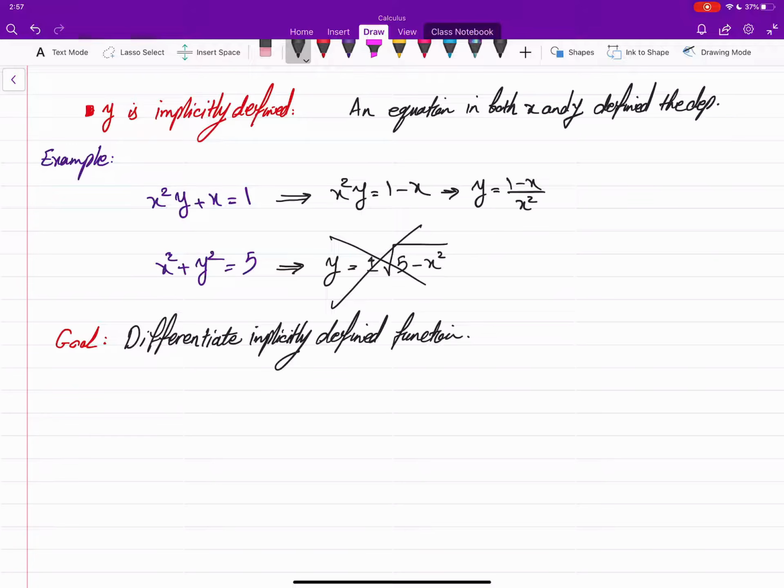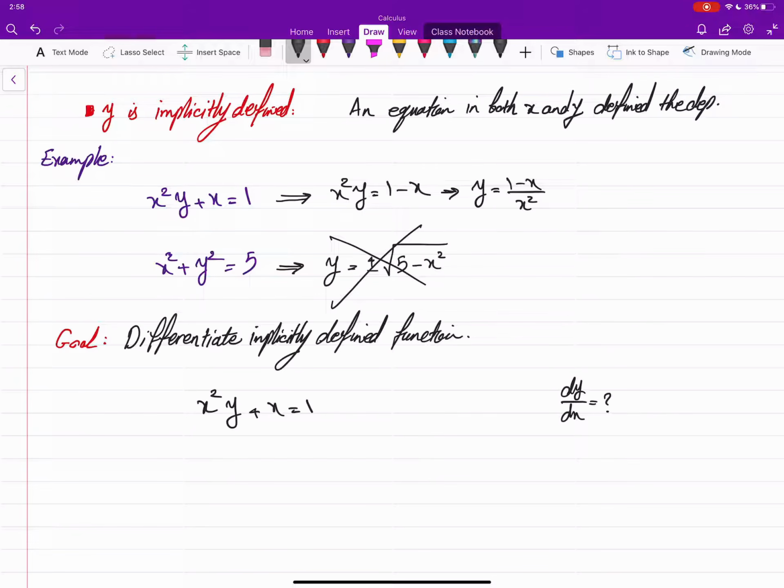For example, we will go through an example and then show the steps. Let's just start with the one that we have, x squared y plus x is equal to 1. The goal is to find the derivative of y with respect to x. So we are looking for dy dx. That's the goal.